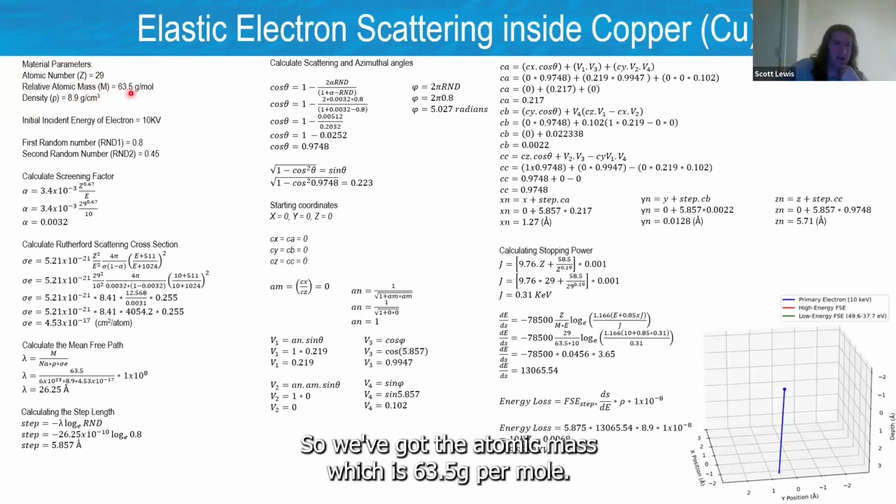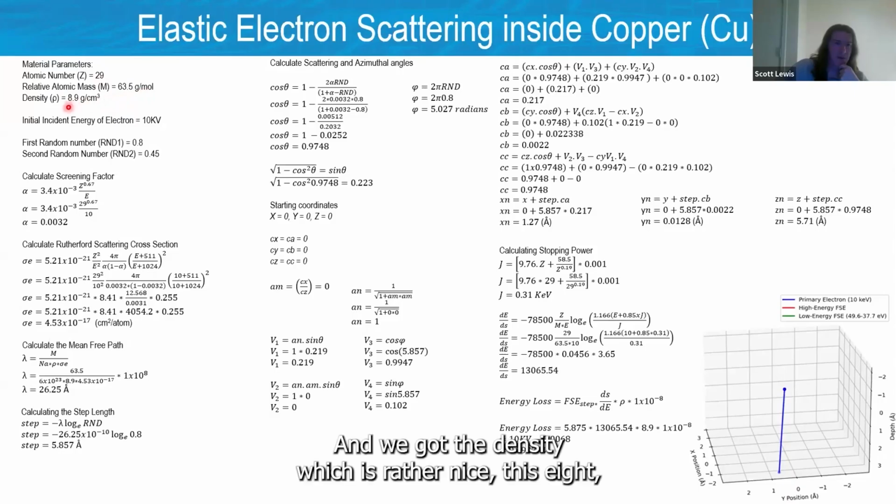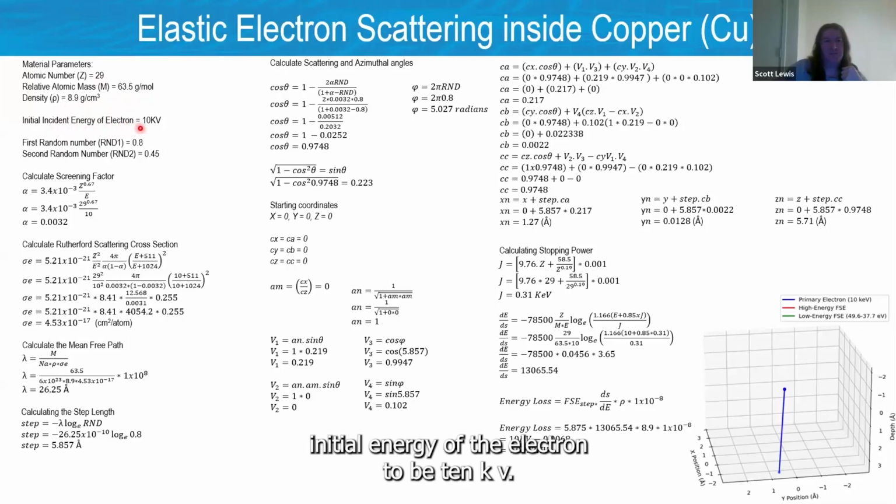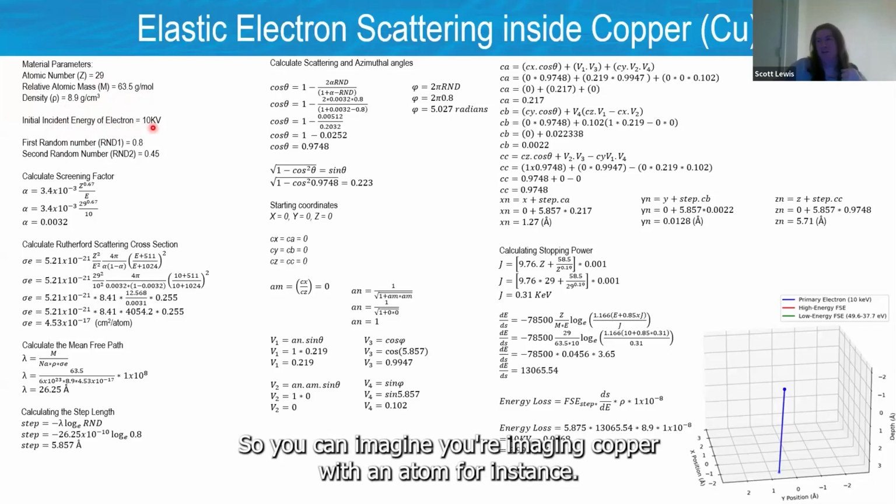We've got the atomic mass, which is 63.5 grams per mole, and we've got the density, which is rather nice, 8.9 grams per centimeter cubed. I've chosen an initial energy of the electron to be 10 keV. So you can imagine you're imaging copper in an SEM, for instance.